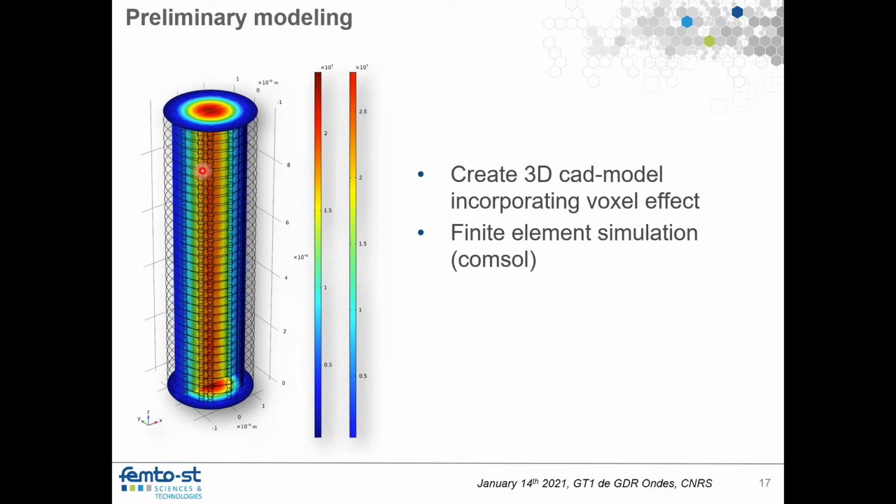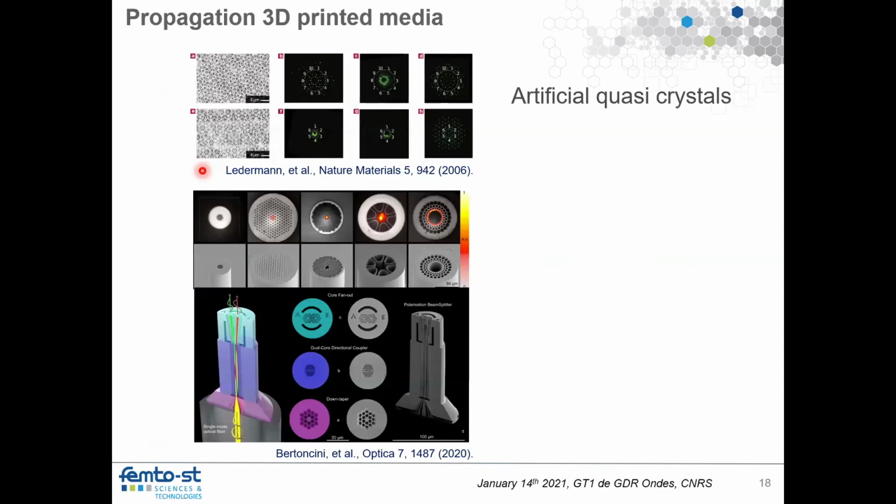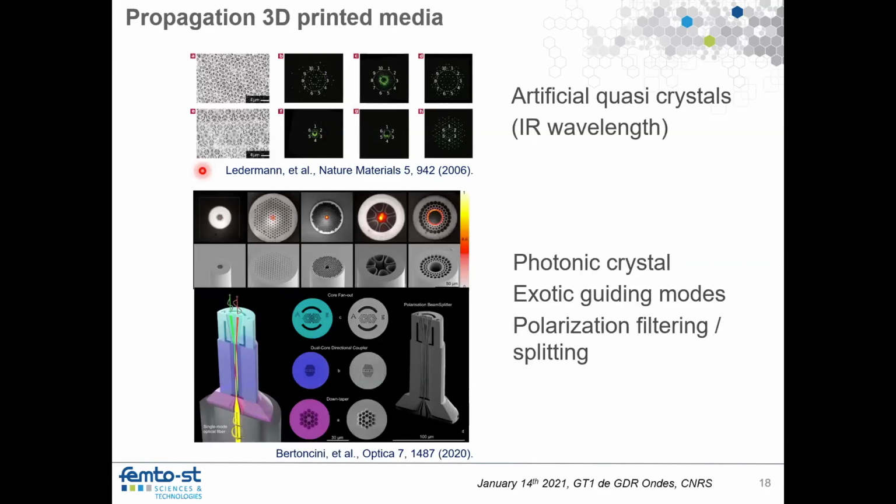And one could imagine, for example, going further in this direction and actually investigating optical propagation in 3D printed structures, which use this to really design newer structures and new types of matter. And here I selected 2 interesting examples.